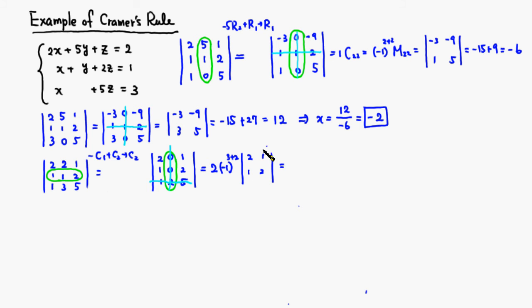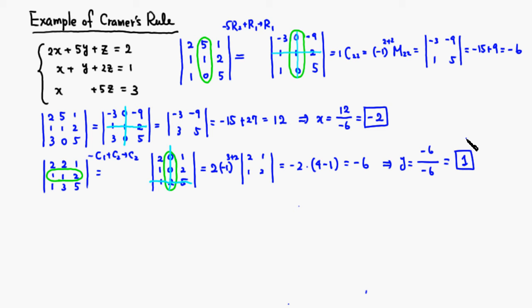So this is going to be -2 times 2 times 2, 4, minus 1 times 1 is 1. So this is going to be -6. Therefore the y value is -6 divided by -6. So that's going to give us +1.